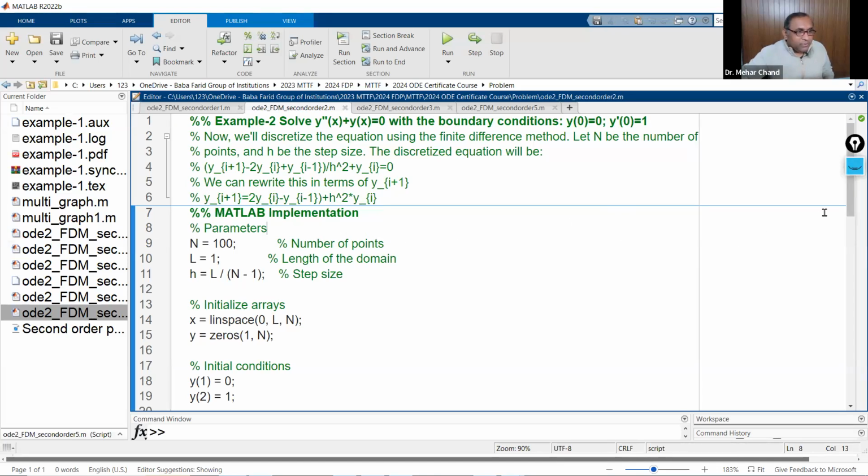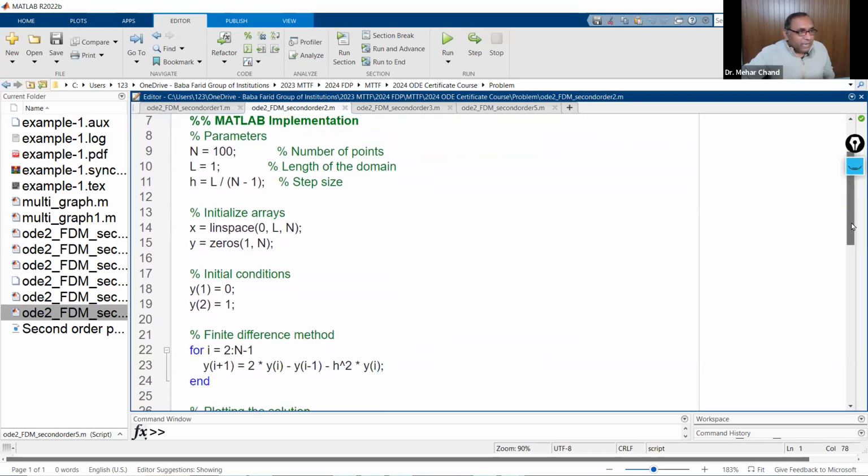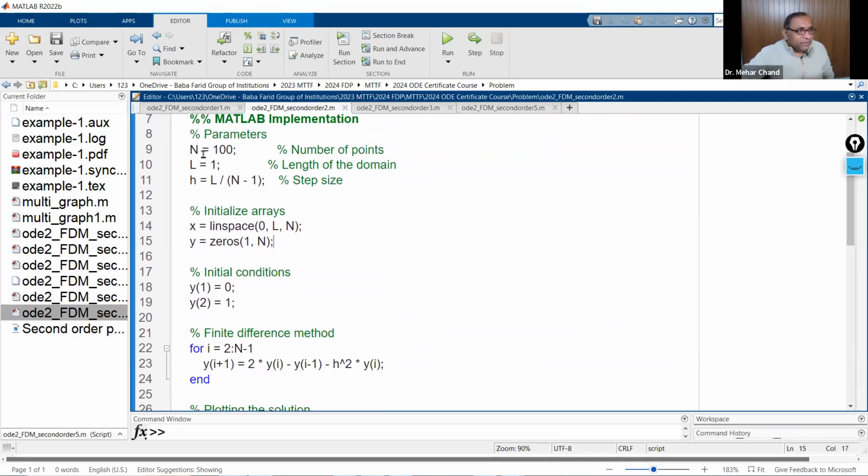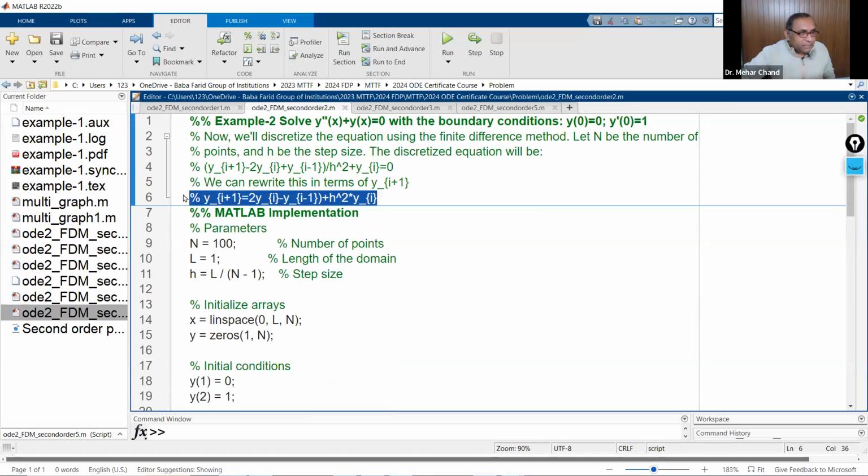And now the other parts, these conditions are the same as we discussed in the first example. You can see we have endpoint, L, H, linspace. These are the initial conditions which we are given. Then after this is the finite difference, and you can see this equation is the same as we established at this place.